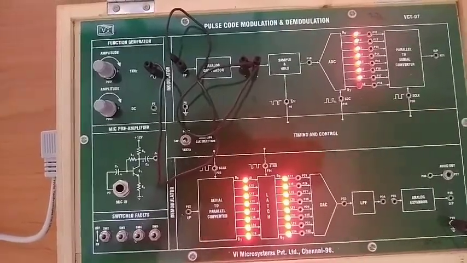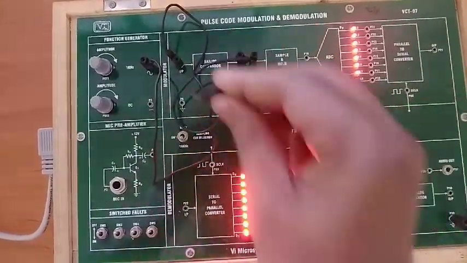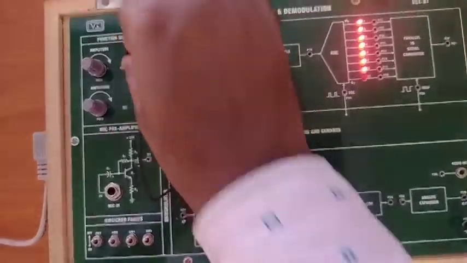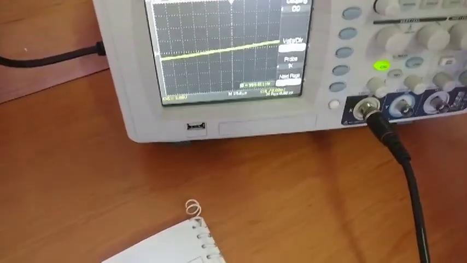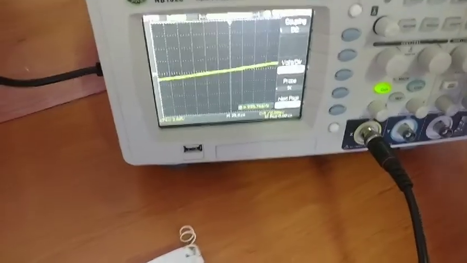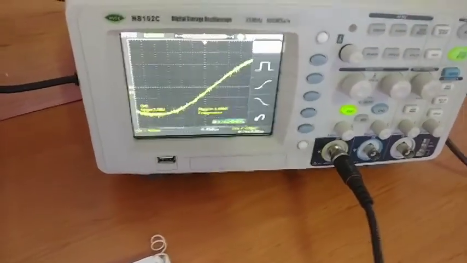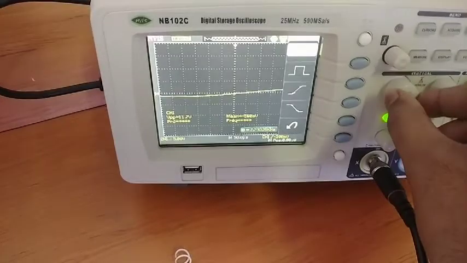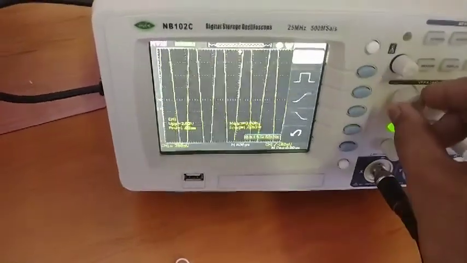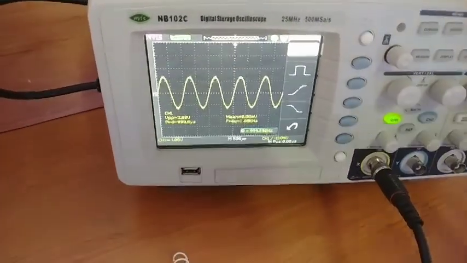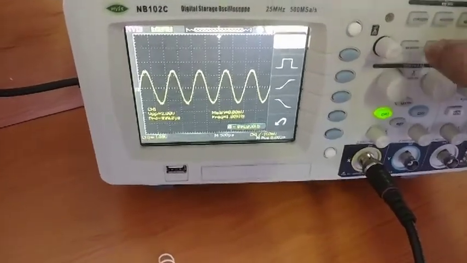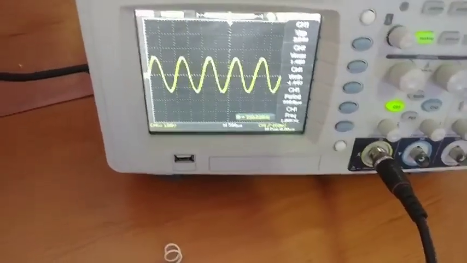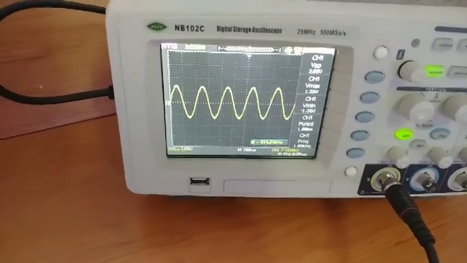Okay, so now we are going to measure the message signal value. From the input side, we just check with the DSO. When you check with the DSO, you will get a proper sine wave. Then you measure the produced value, which is the peak to peak voltage.